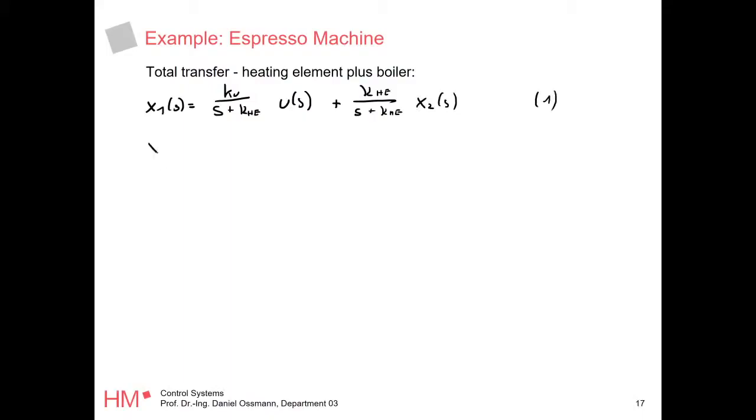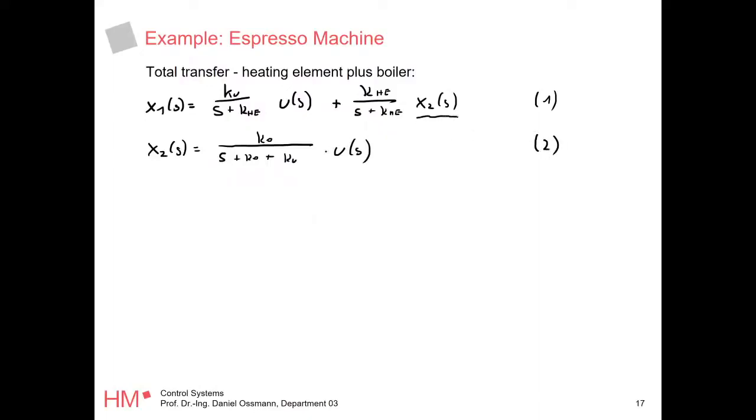Our equation 2 was X2 of S is nothing but this kappa O over S plus kappa O plus kappa U times U of S. So we name that equation 2.